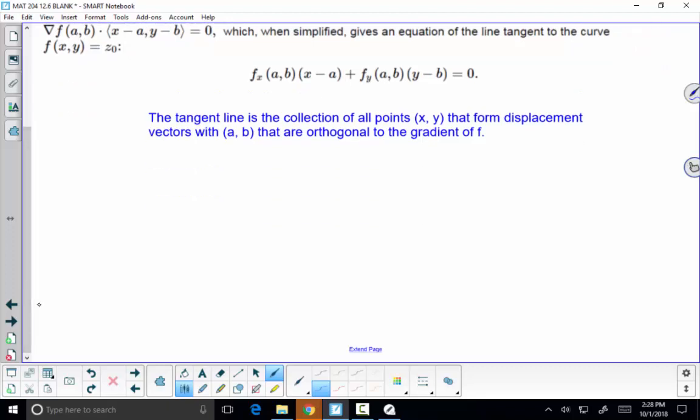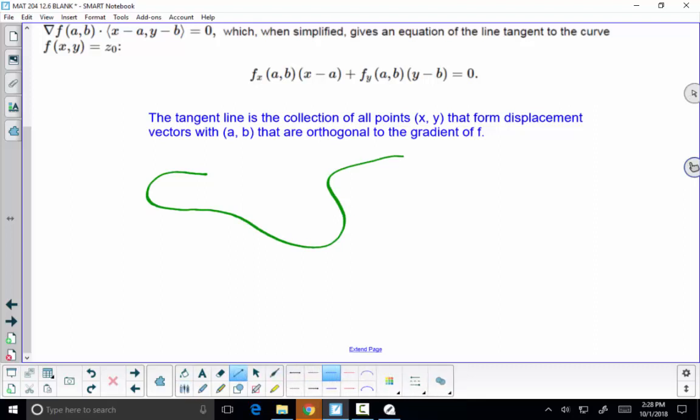So the idea, we've got our curve down in the xy plane. This is a level curve down in the xy plane. We know that the gradient is going to be orthogonal to that, so maybe the gradient is right there.